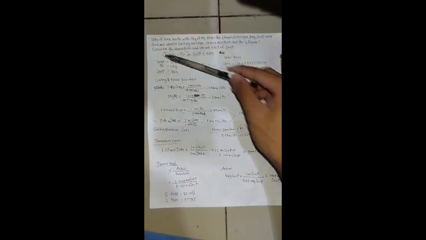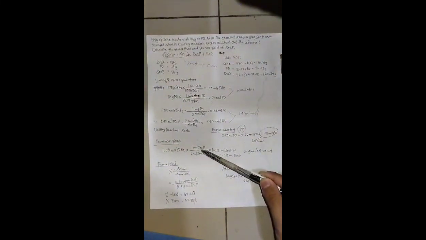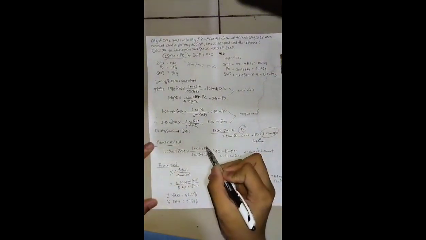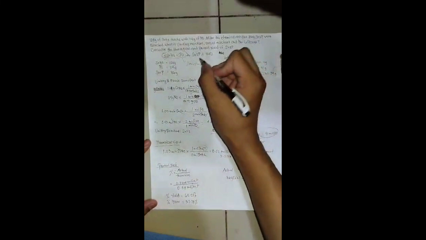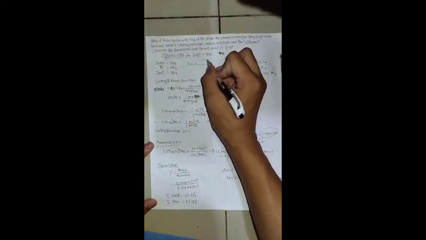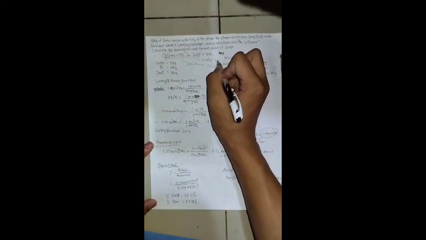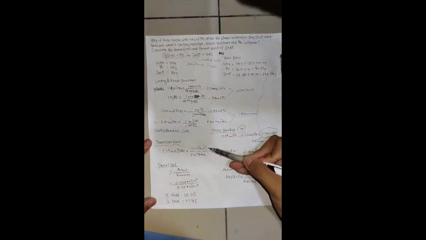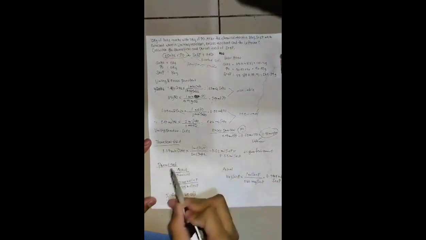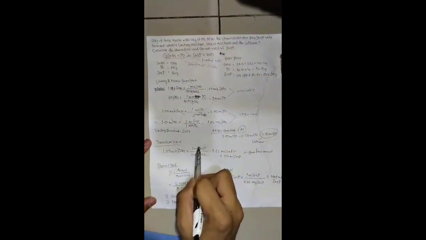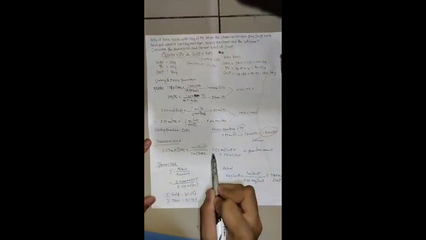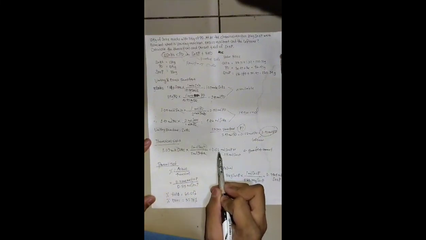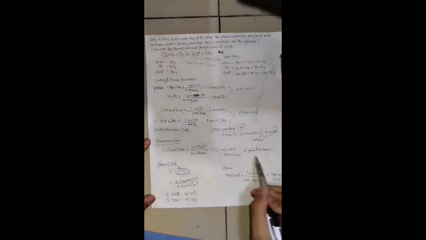SNH2 has 2 mole and SN2P has 1 mole. By the way, SN2P we get from the product side. And just multiply 1.03 times 1 divided by 2 is equal to 0.52. And that's what we call our greatest amount.